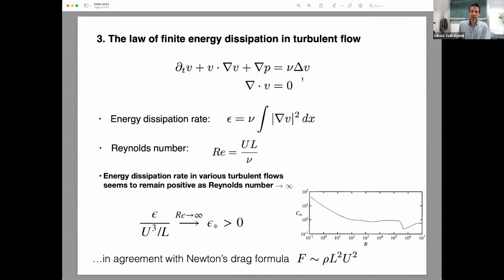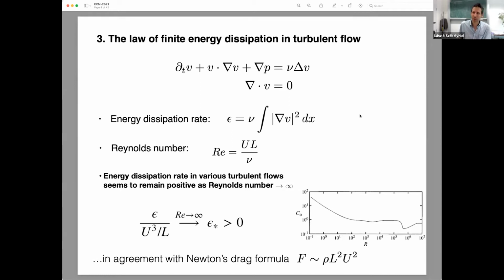The energy dissipation rate, which is the rate at which the kinetic energy is decreasing, denoted by epsilon, is something you can calculate directly from the equation, and you get this formula: nu, which is the viscosity, times the integral of the gradient v squared. So it's proportional to the viscosity and coming from internal shears in the fluid.